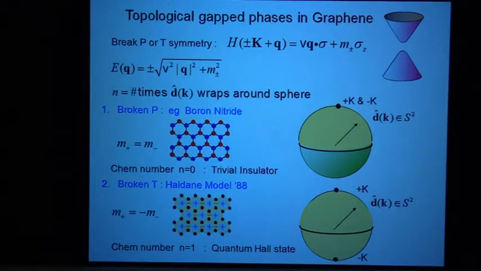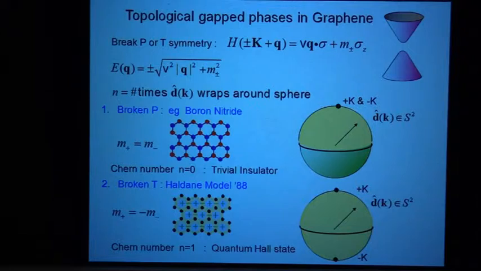Okay, and so the interesting question is, we have these two Dirac points, one at k and one at minus k, basically, and so the interesting question is whether the d vectors are pointing in the same direction or opposite directions. If you have inversion symmetry, then at k and minus k it has to be the same. And so that means that at both k and minus k, the d vector visits the north pole.